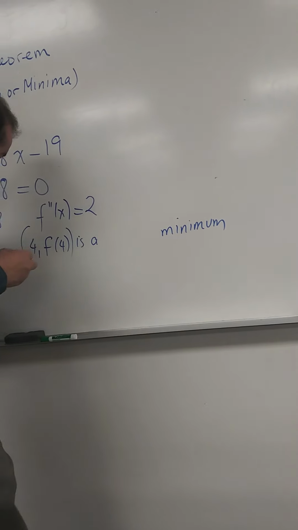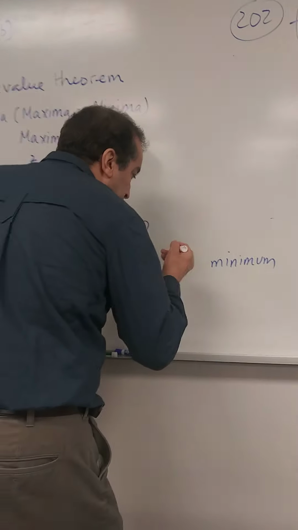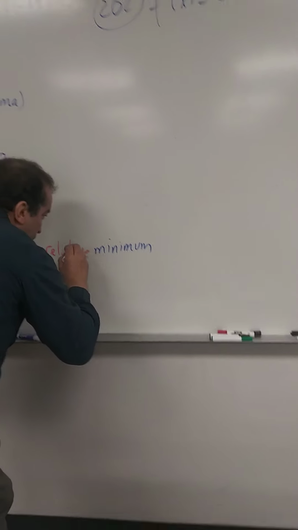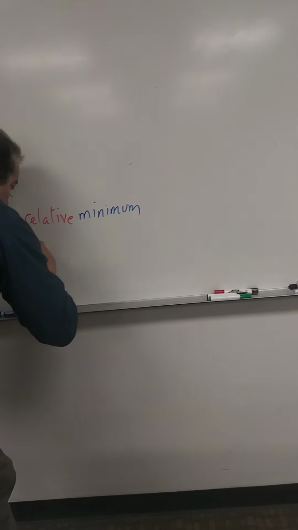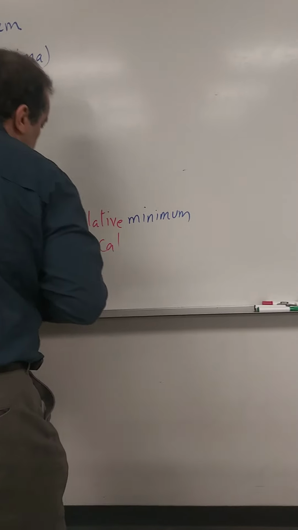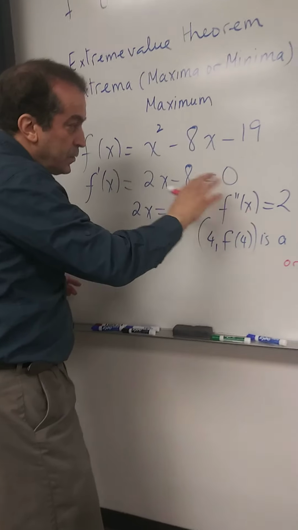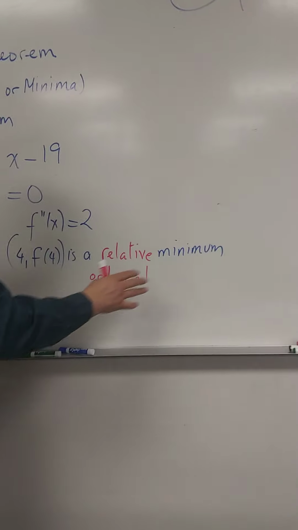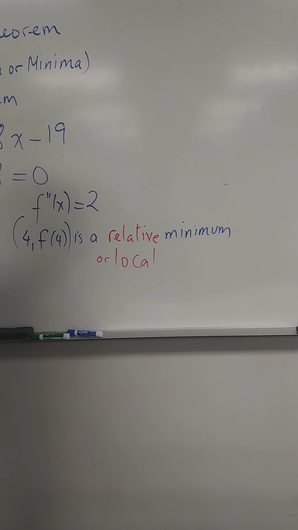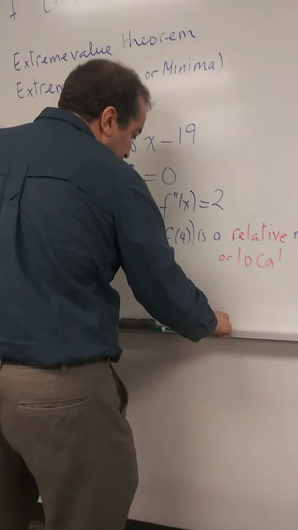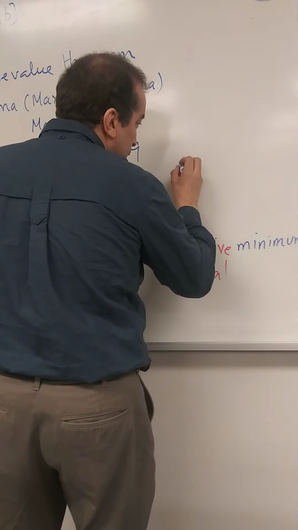It's called a relative minimum or a local minimum. So I use the word relative or local. You don't have to write both. So when the derivative is 0 and the second derivative is positive, the point is a minimum. It's a relative or local minimum, which means if we graphed this function here, the graph would have looked like this.